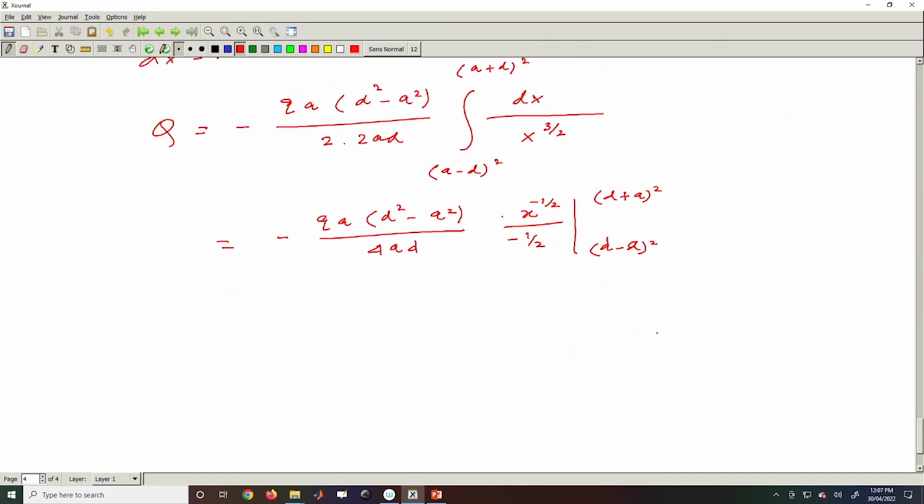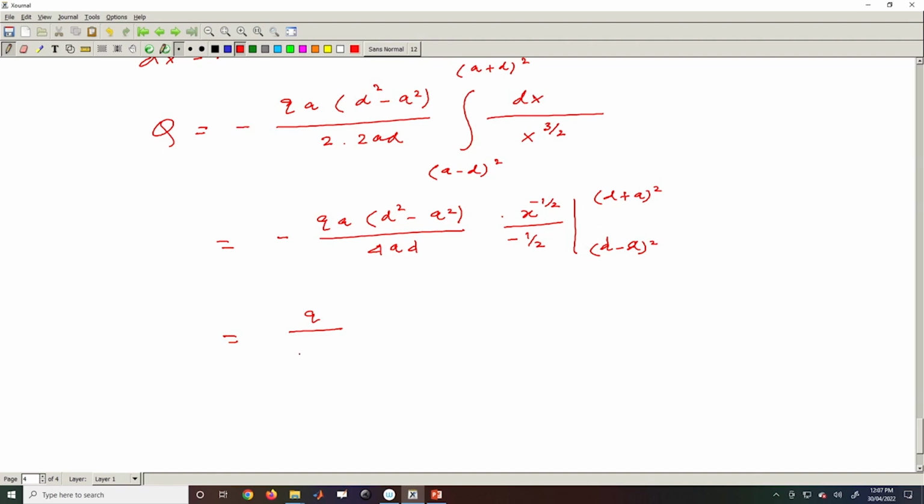So this half, the minus sign is going to absorb. So we have q divided by, so 2 and a are cancelling out here.